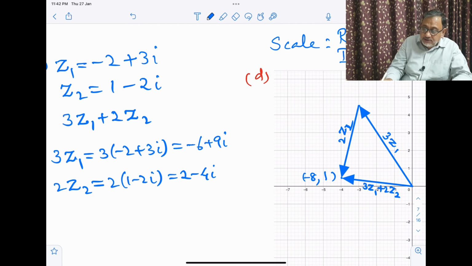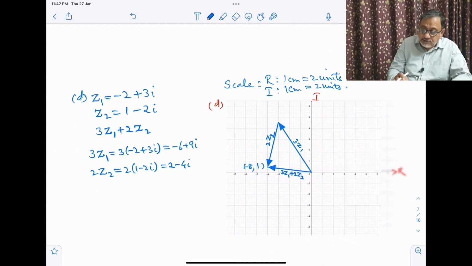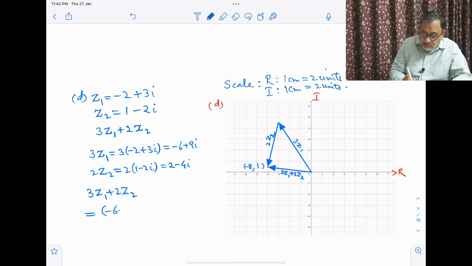Now let us add algebraically and check whether our answer is correct. So 3z1 plus 2z2 will be minus 6 plus 9i plus 2 minus 4i. Now real part with real part, minus 6 plus 2, and imaginary part with imaginary part.